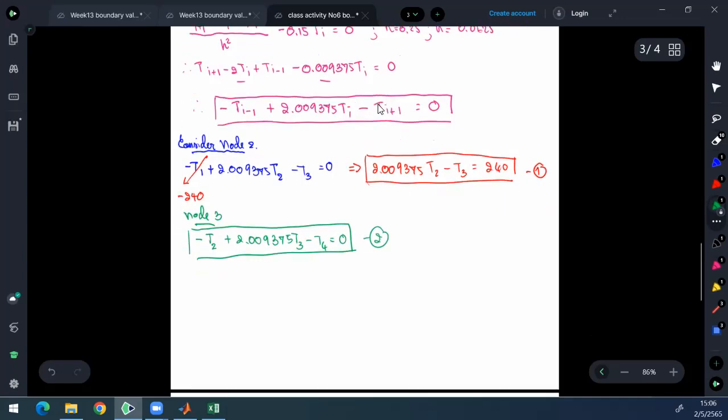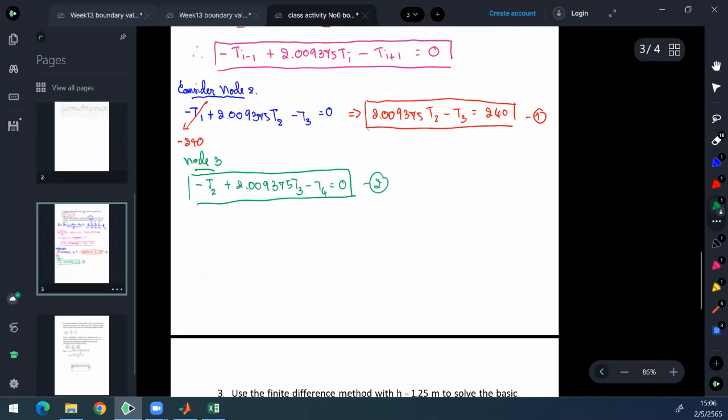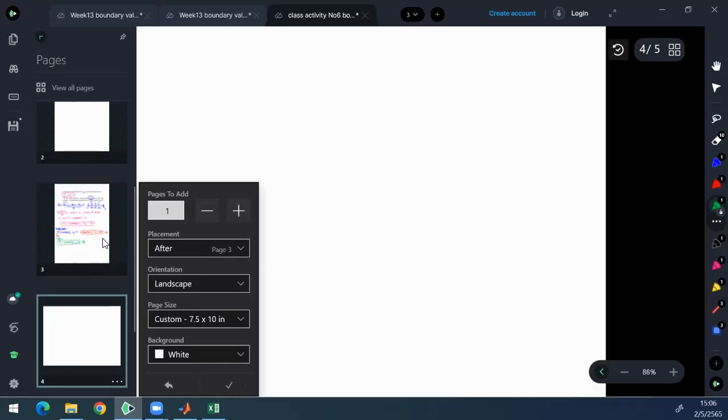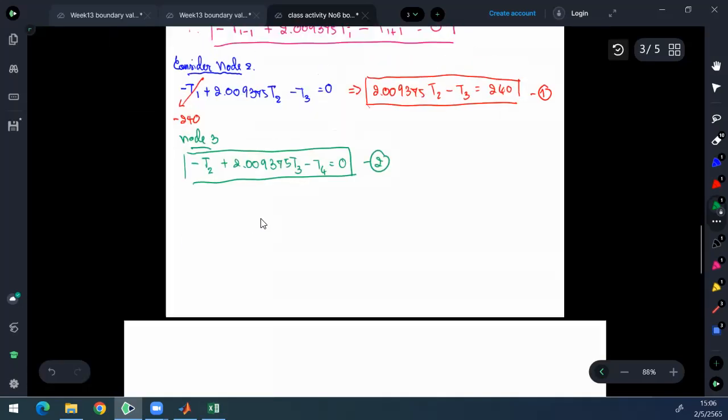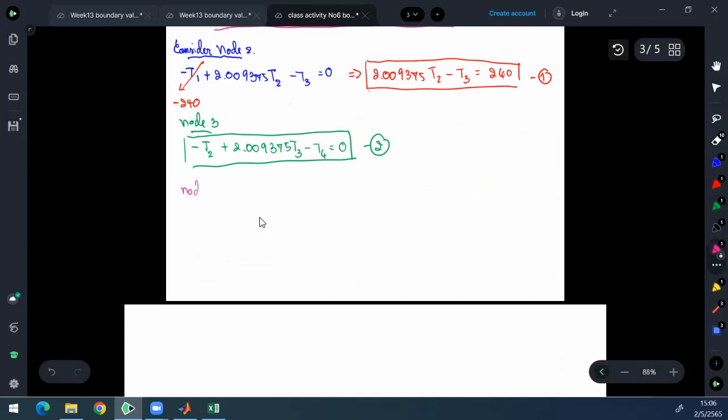And after that, for the final one, that is node number 4. For node number 4, we have minus t3 plus 2.009375 t4 minus t5.